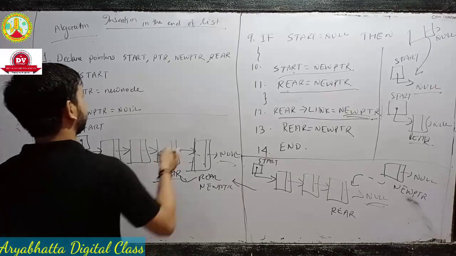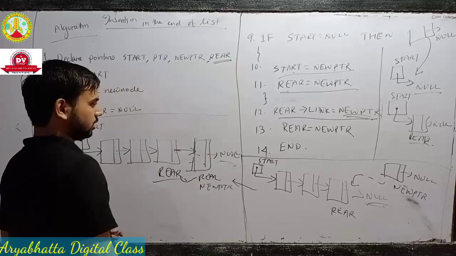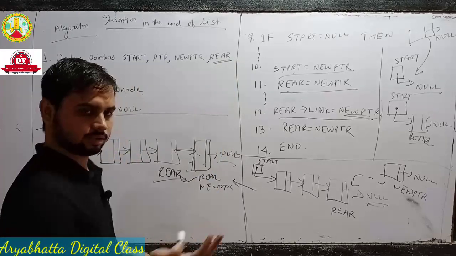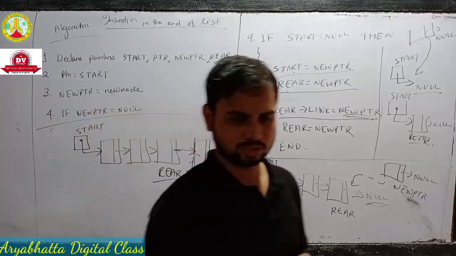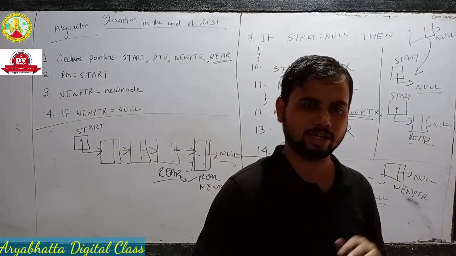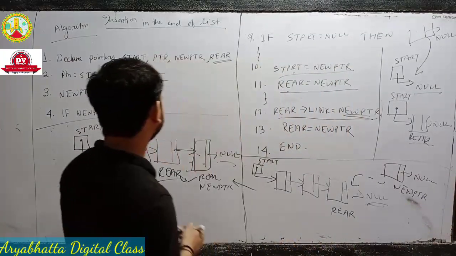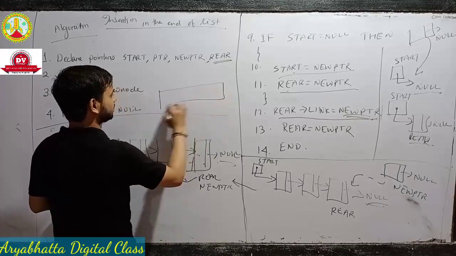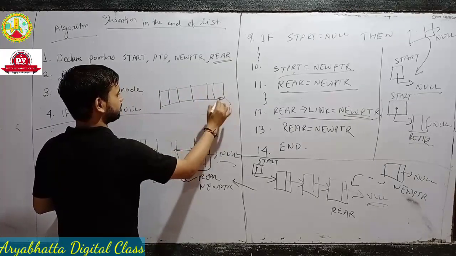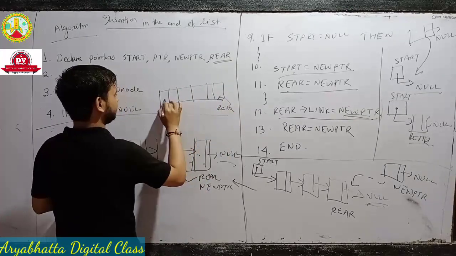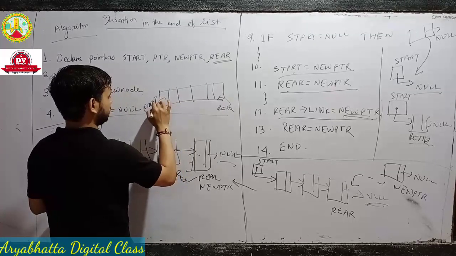That's why we use this pointer here. Rear means the last insertion position, the actual last position in the array. In a queue, we take this part as the rear and this part as the front.